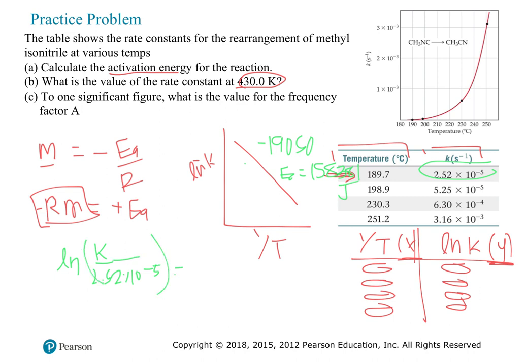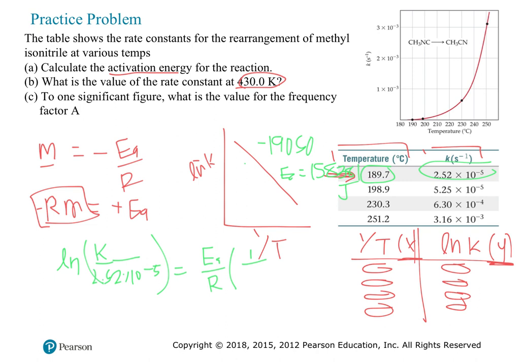Okay, that equals EA over R times 1 over the first temperature. Now that is the temperature used for our first point. So we'll do 1 over, then make sure that's in Kelvin.